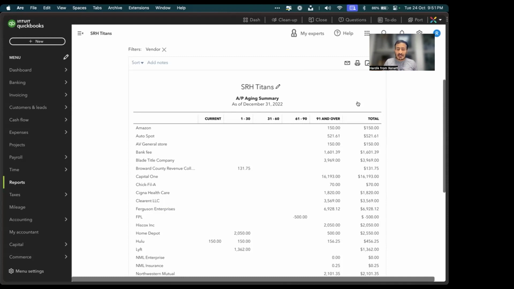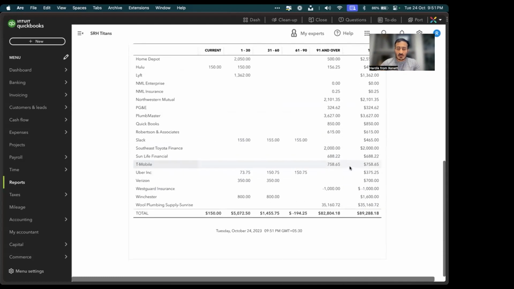It's better off writing them off, because if we don't, those vendors will stay here forever, right? So this is again the last thing that we do. Once we get the feedback from the client, we adjust some of these vendor balances here.